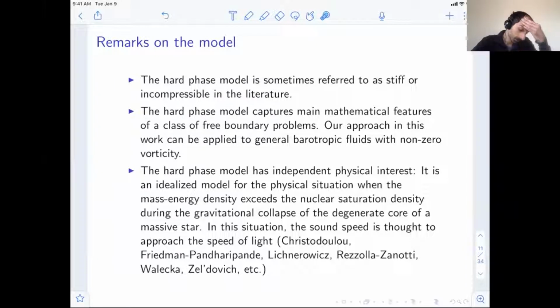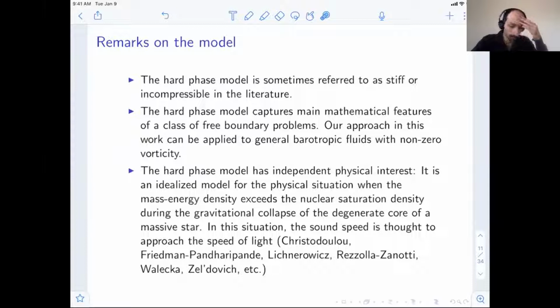In particular, in this relativistic case, this more general class of barotropic fluids that I discussed, I think this hard phase model really captures the essential mathematical features, and on the other hand, it's much easier to see the structures here, and it's much cleaner to understand what's going on in this setting. Okay, so that's the mathematical reason.